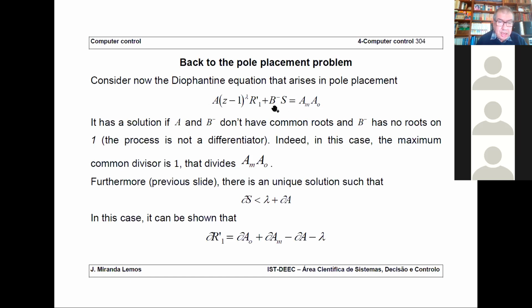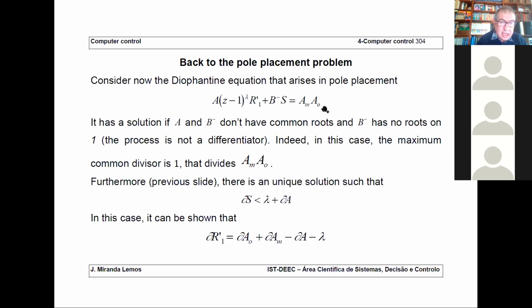So you see the importance of what we did at the beginning, that A and B had no common roots. A and B having no common roots means that A and B minus have no common roots, because B minus is a subset of the roots of B.